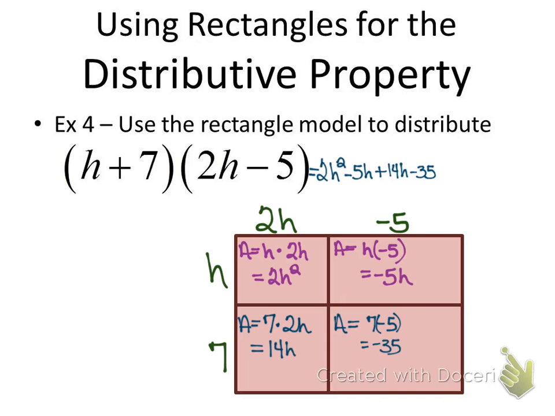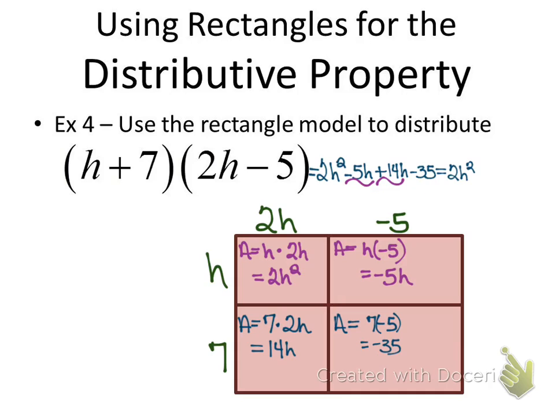Raise your hand if you know what to do from here. Zach? You're going to simplify and combine your like terms. Okay, which are my like terms up here? -5h and 14h. So negative 5h plus 14h. When I write my final answer, I'm going to have 2h squared.